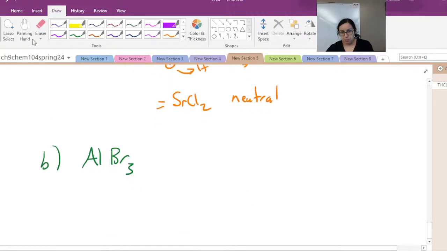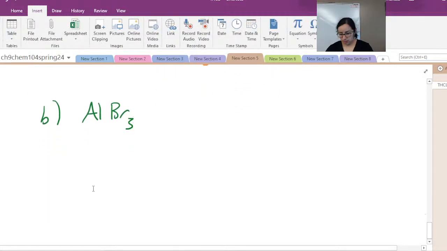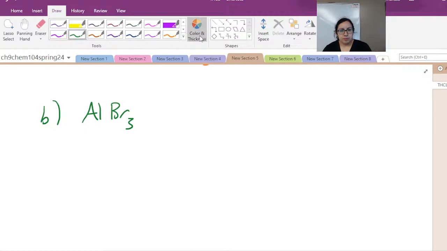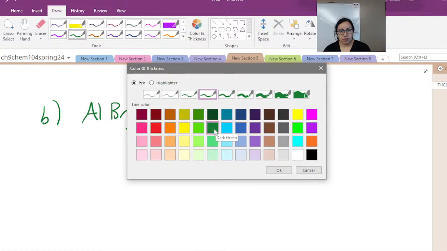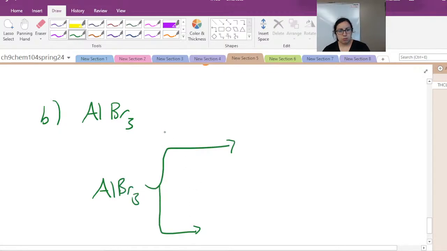All right, what do we think about aluminum bromide here? So what do we remember about aluminum, though? It's not a transition metal.